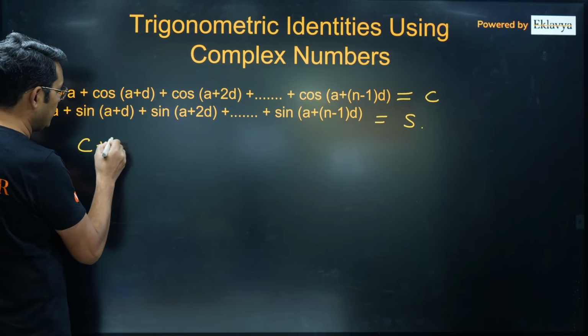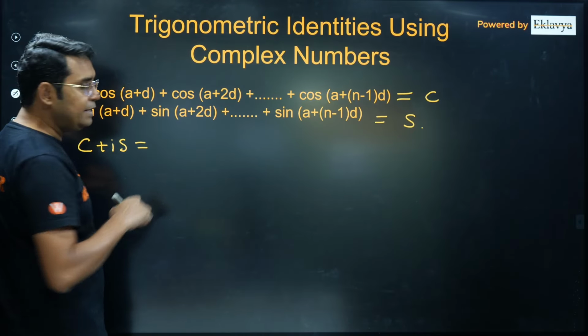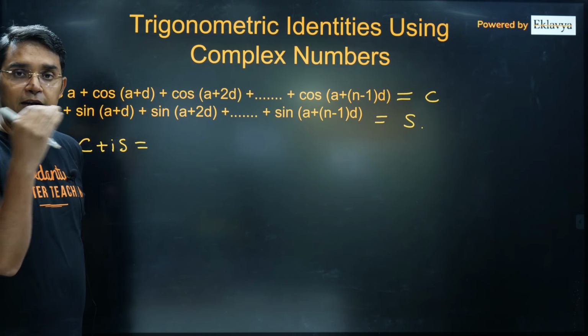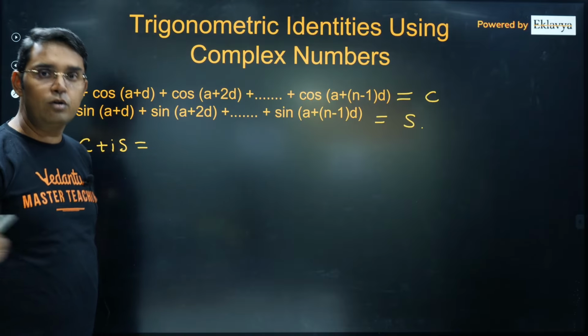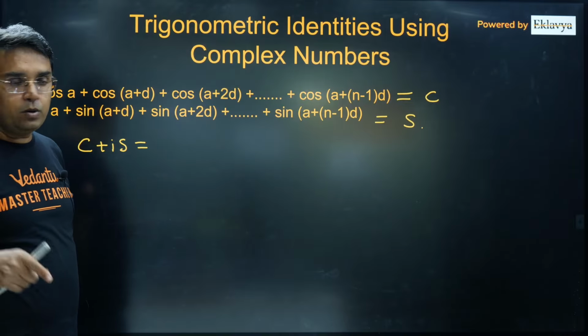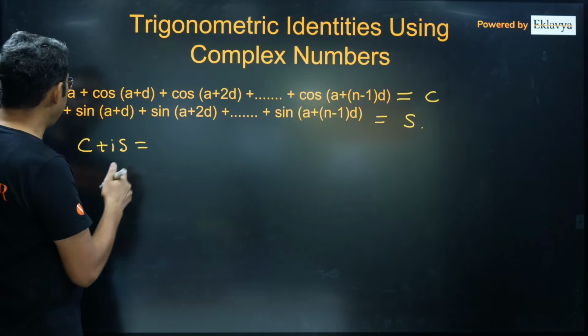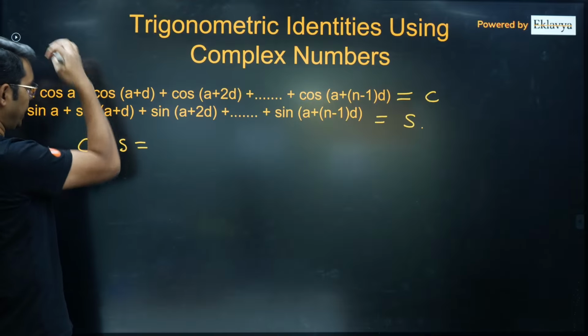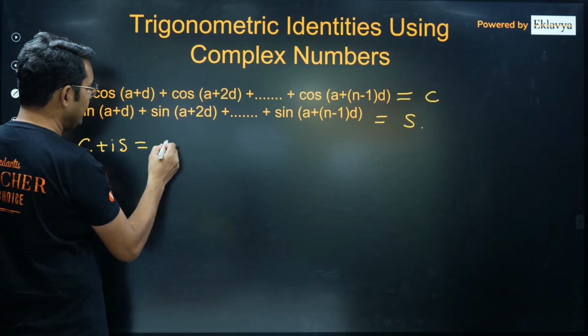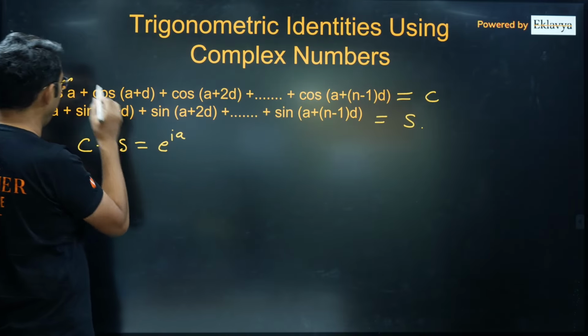So cos plus iota sine. You might have done these things with the help of telescopic sum, where sine d by 2 is multiplied and divided. That is one very good method, but let me see how you can do it with cos plus iota sine, that is complex number method. In this case, if you write cos plus iota sine, I think the first two terms, this and this, when combined, they will give you e power iota a.